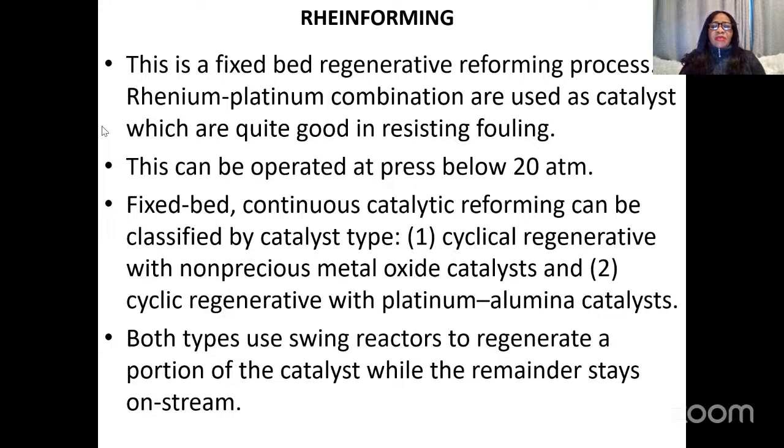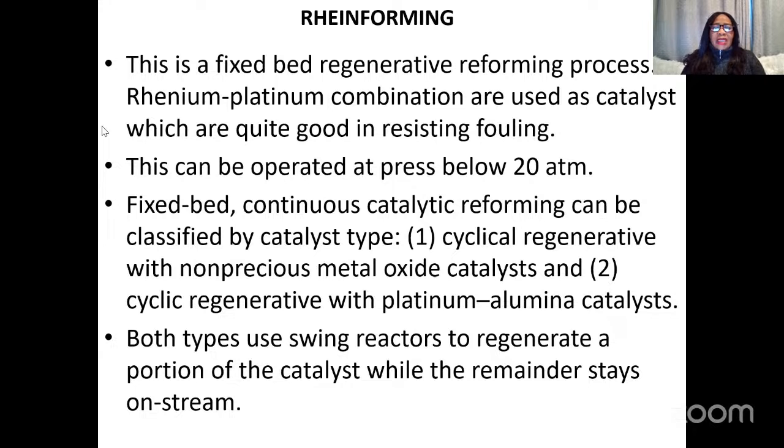Fixed bed, continuous catalytic reforming can be classified into two types based on the catalysts that are used. One is a cyclical regenerative process, which uses non-precious metal oxide catalysts. The second one is a cyclical regenerative process, which uses platinum alumina catalyst.